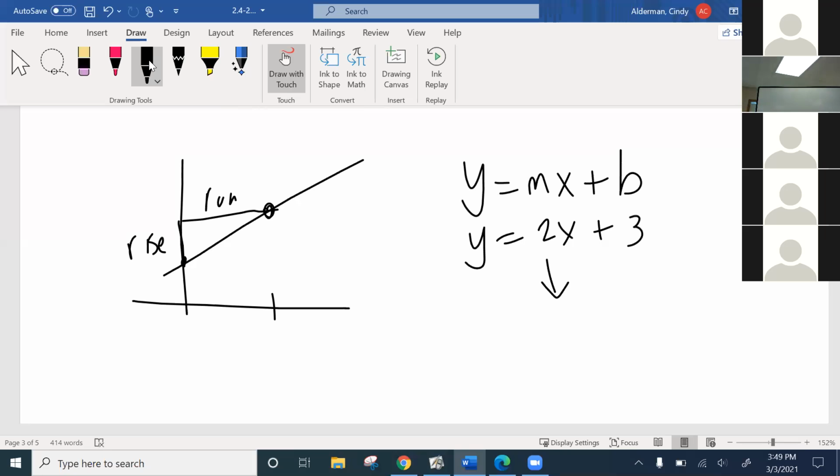The thing about a linear equation is that you go up the same amount, you're going to go over the same amount, right? So the slope is constant.